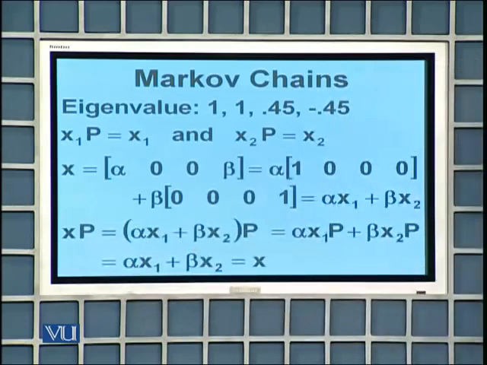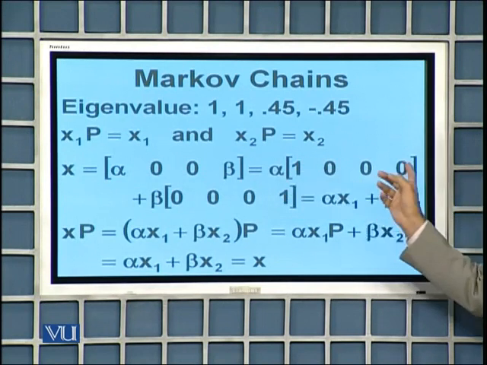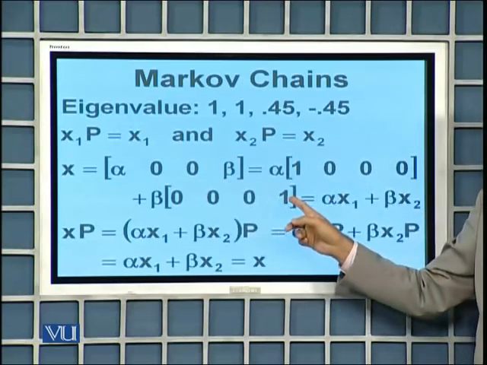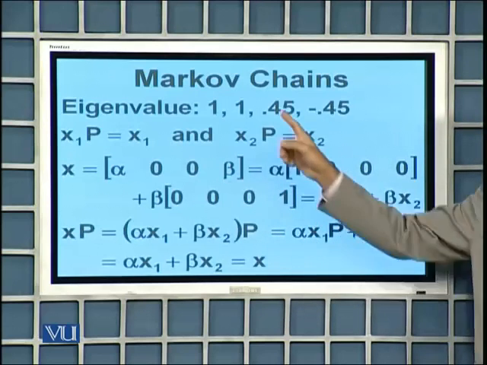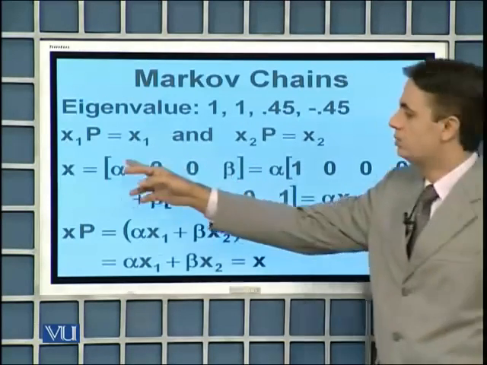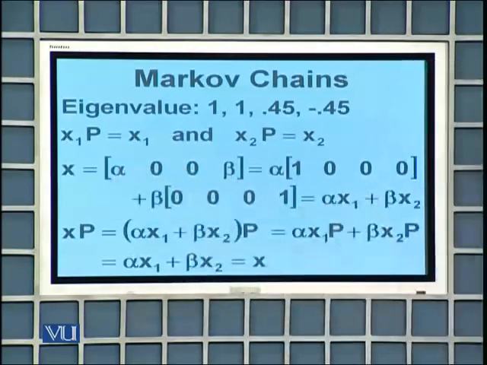which is exactly the same as x. Hence, if an initial probability distribution can be shown to be broken up into two parts, alpha times the first eigenvector plus beta times the second eigenvector, and these eigenvectors correspond to the two eigenvalues of 1 and 1, then that probability distribution is also a stationary probability distribution.